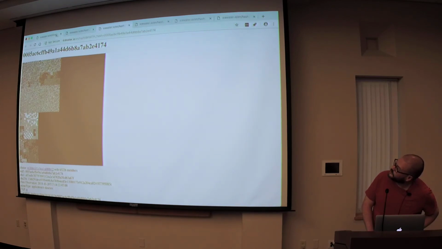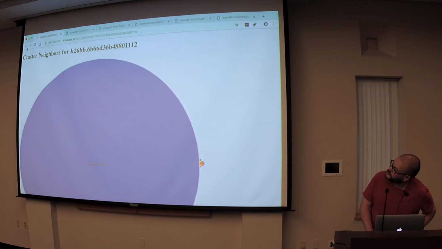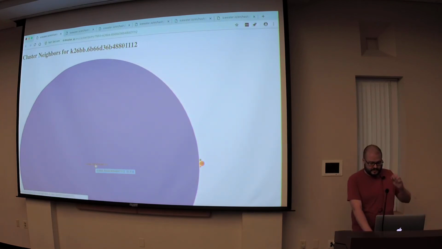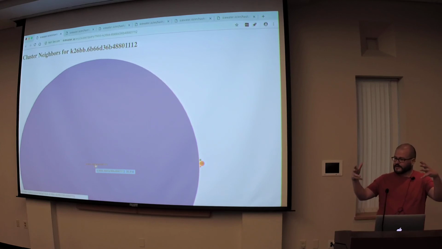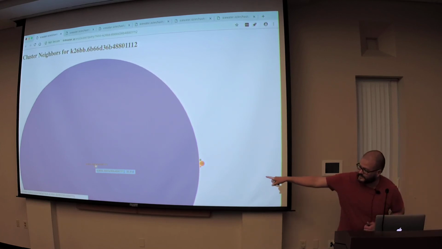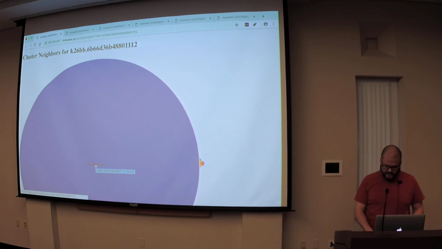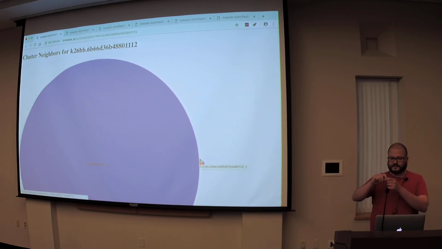So basically what you can do is, all right, you've got a cluster of malware that's related, and this one has 25,514 members of the cluster. And then you can see another cluster that is two bits different, so two bit distance from this cluster. And then these are clusters that are one bit different.